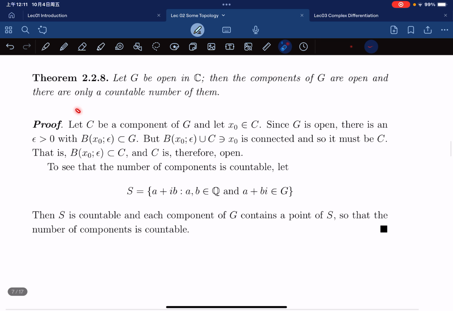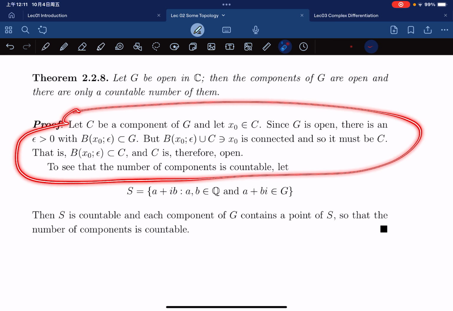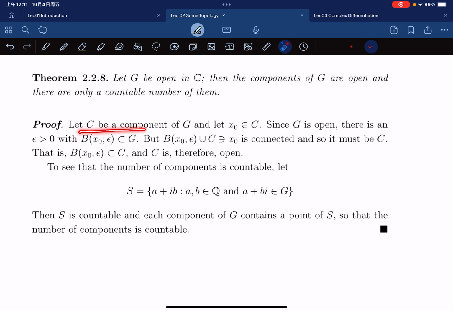If you're not following, I can explain in more detail. Let C be a component of G, and pick a point x naught in C. We wish to prove that C is open.